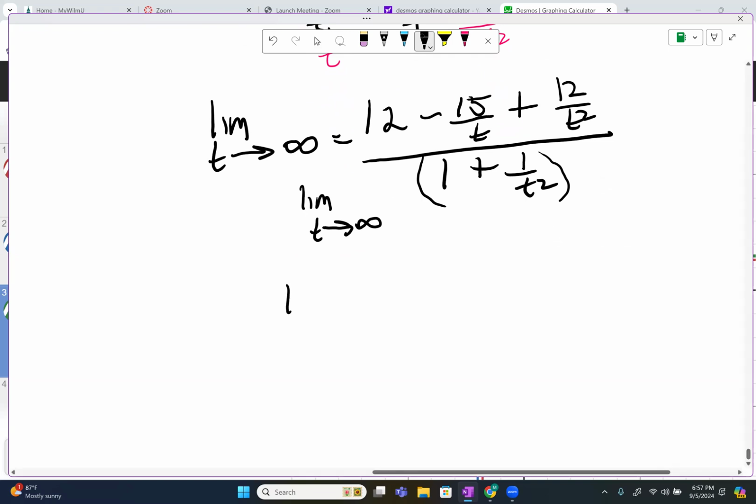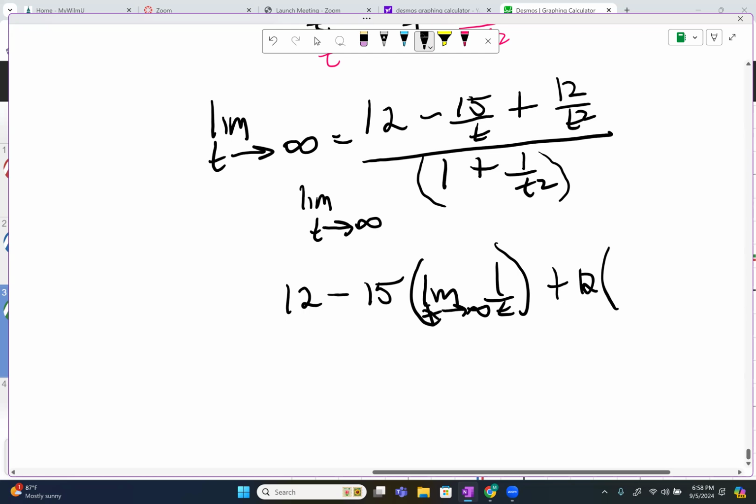This stays as 12 minus 15 times the limit of t reaching infinity, 1 over t. So this is kind of like a thought, plus 12 times the limit as t reaches infinity of 1 over t squared.